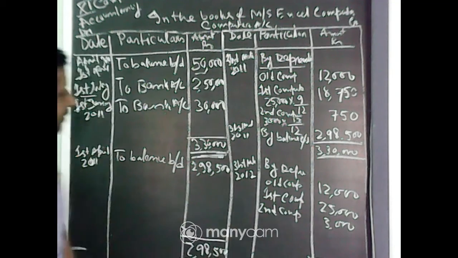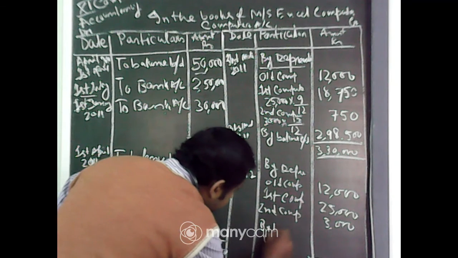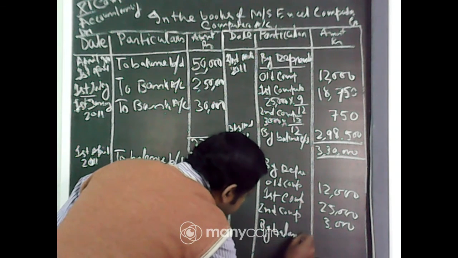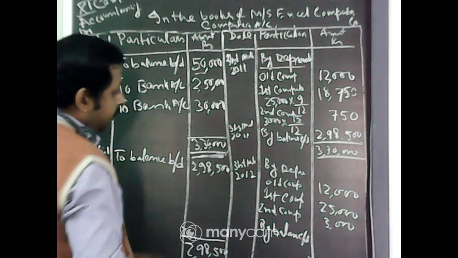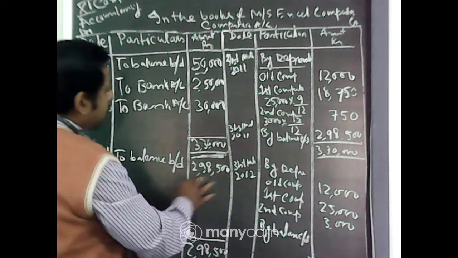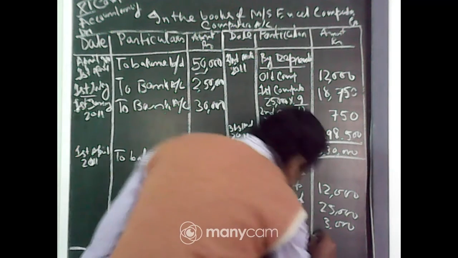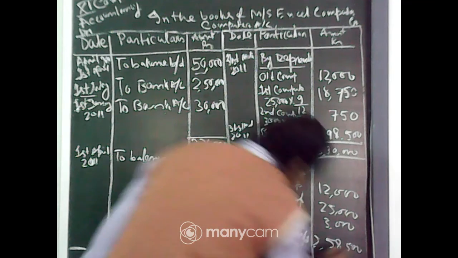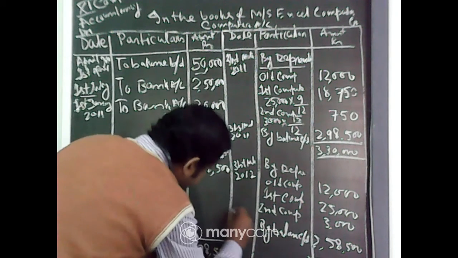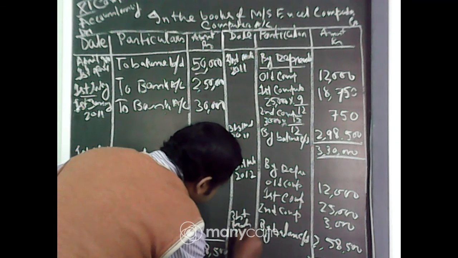Now as this credit side is less, the balance will become by balance CD, and the amount that doesn't match is 40,000. So from 2,98,500 we have to subtract 40,000, what will become 2,58,500. 2,58,500, and this is also 31st March 2012.